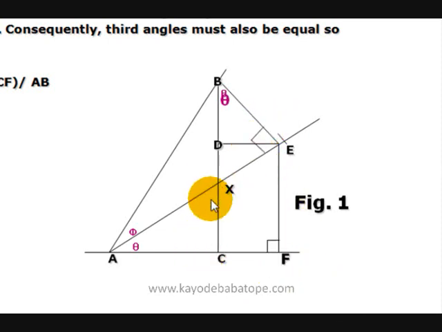So also these two angles are vertically opposite. Therefore, according to the basic principles of geometry, vertically opposite angles are equal. So if you have two triangles and two of the angles are already equal, definitely the third angles must also be equal. Therefore, angle A and angle B are equal, and let us denote it by theta.